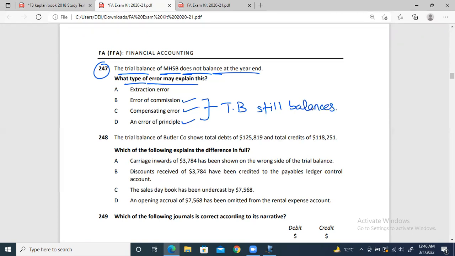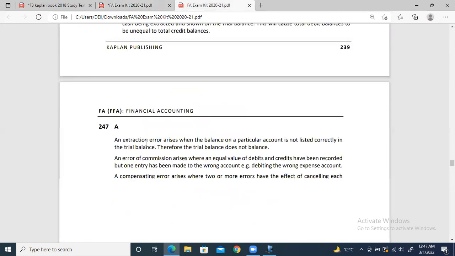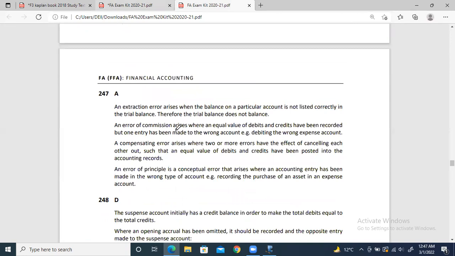The only remaining one is option A, extraction error. Because in an extraction error, as we just read, the trial balance is not equal, the debit and credit sides are not equal, and this is the reason for that. During the extraction, we make some mistake over this side. So 247, let's see. Yes, option A is correct, right?